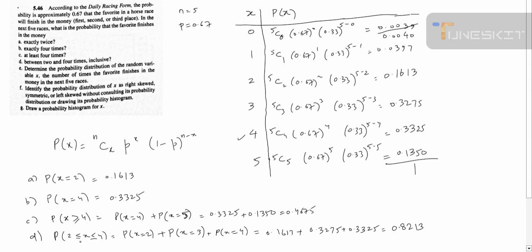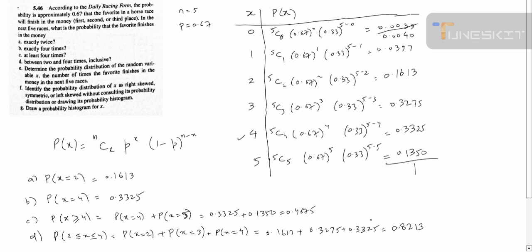What if we are given the words in part D as just between 2 and 4 times, without inclusive? If the word inclusive is not provided, then between 2 and 4 we will choose 3 only, the probability of 3. That is 0.3275 will be the answer in that case.